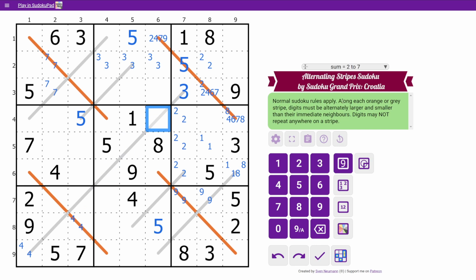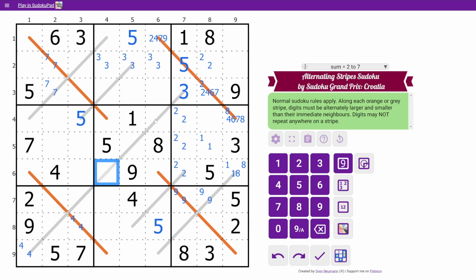Let's see here. This must be alternately larger and smaller than their immediate neighbors. I mean, is that 4, 5? How would you even do that?